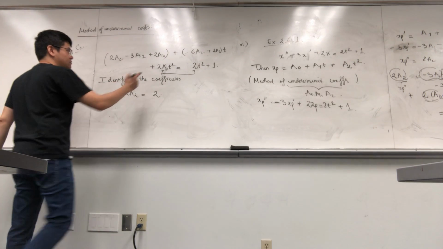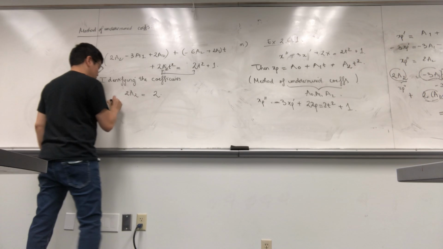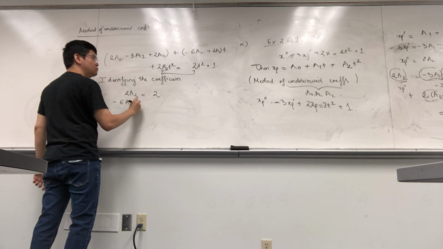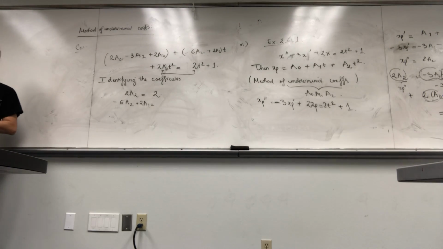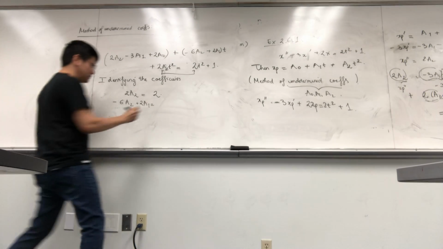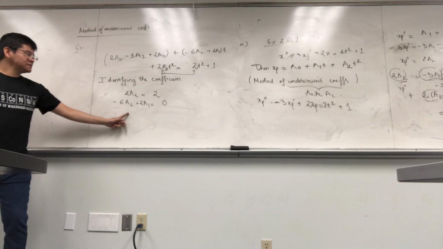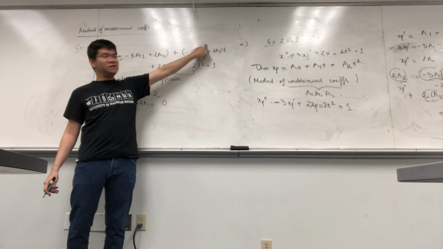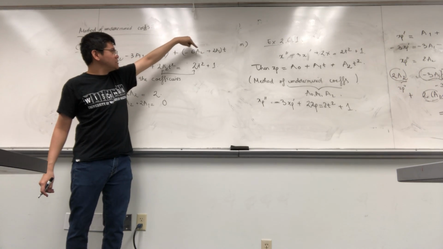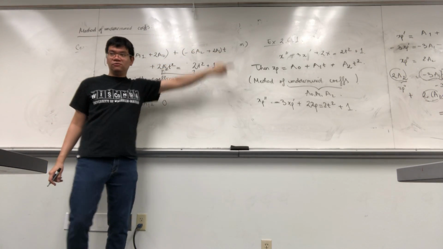Now, I'm going to need to identify the coefficient of t. So I have minus 6A2 plus 2A1 is equal to 0. Because on the right-hand side you don't have t. So minus 6A2 plus 2A1 has to be 0.